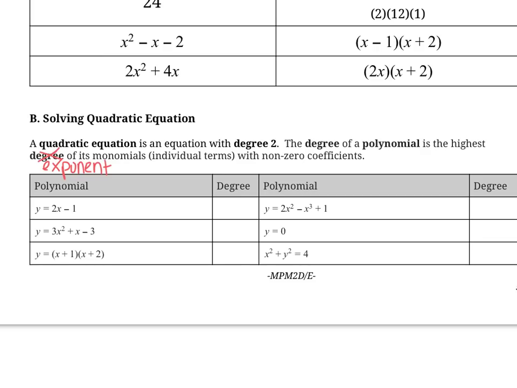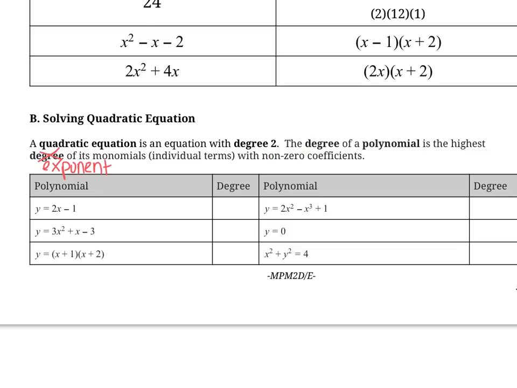In grade 9, we mostly dealt with linear equations, and now we're going to start to work with quadratic equations. Quadratic and linear equations can be differentiated based on their degree. The degree of a polynomial is the highest exponent of its monomials with non-zero coefficients.